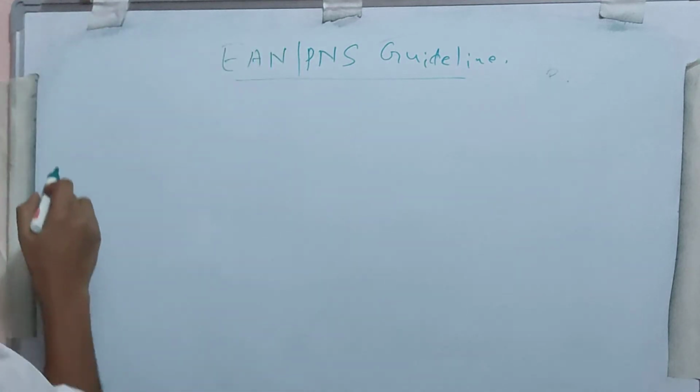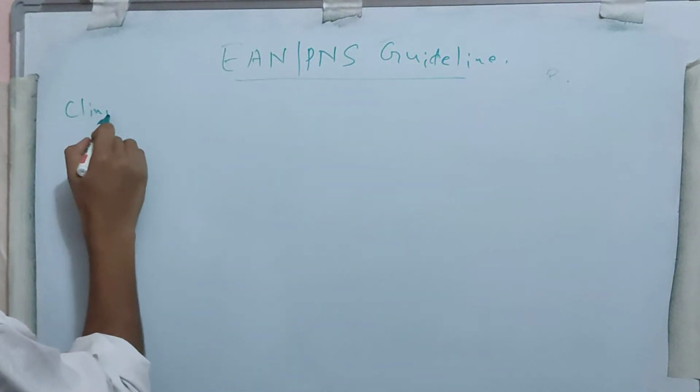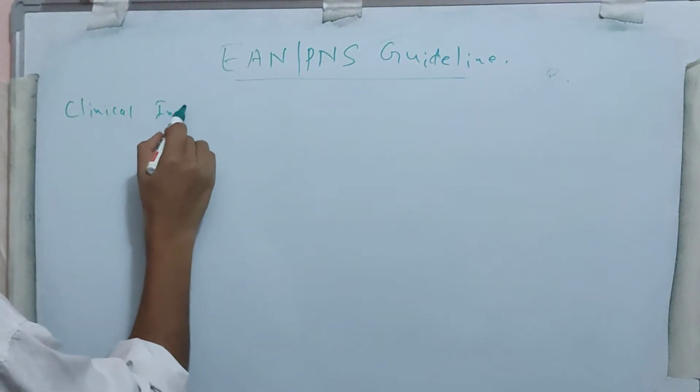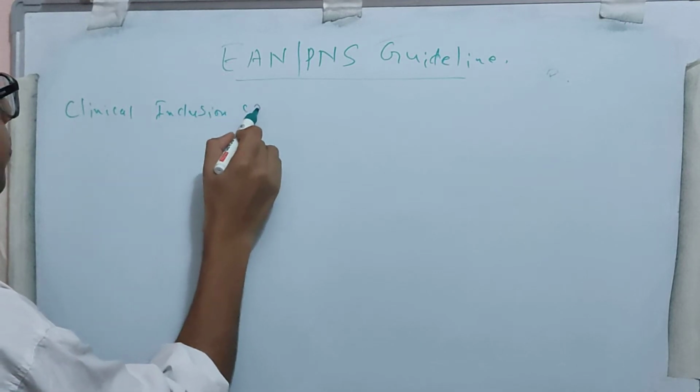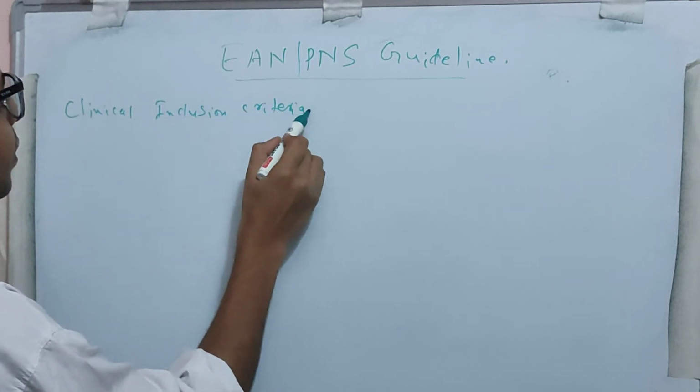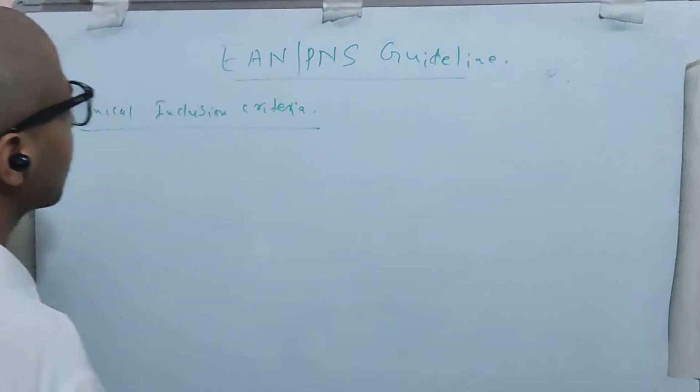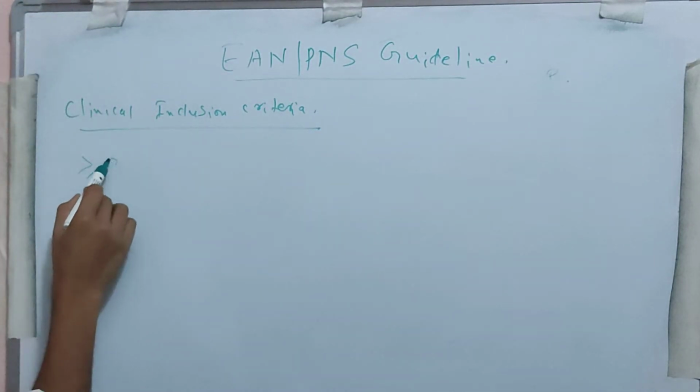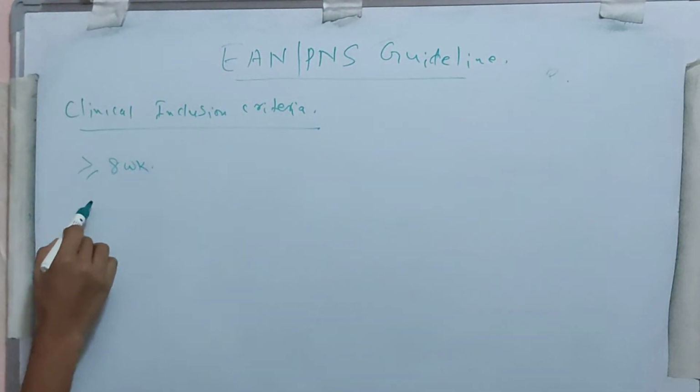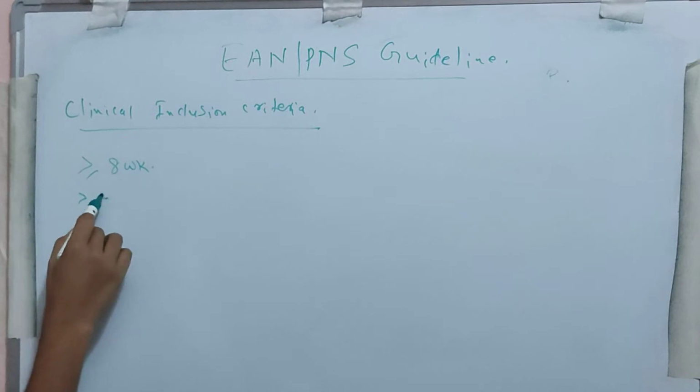So what are the clinical inclusion criteria? I already told you that the course should be over 8 weeks, so 2 months, and at least 2 limbs.